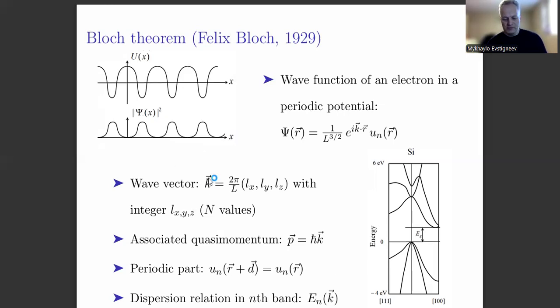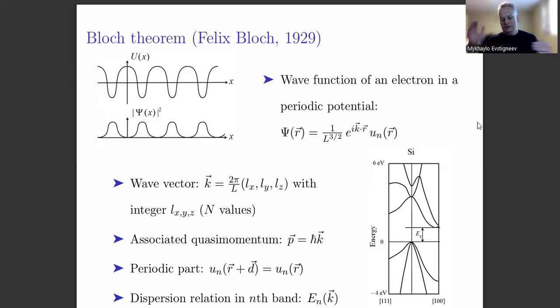Now, of course, the wave vectors k are quantized. They are not quite continuous, but they're quasi-continuous. What I mean is, I'm just transferring the result from the discussion of plane waves in the absence of any potential. The same applies to the wave vector in the Bloch wave function.